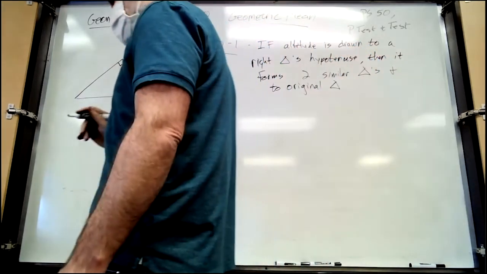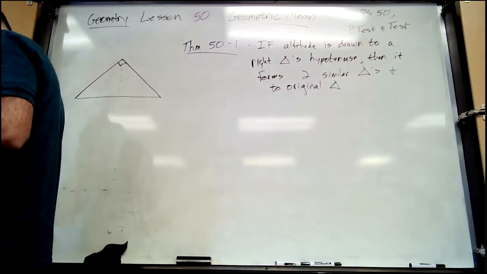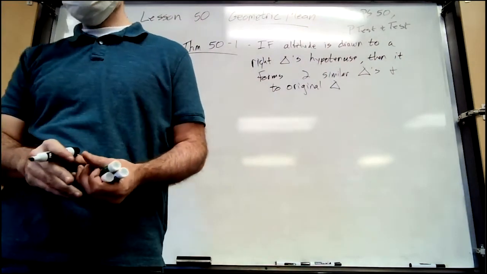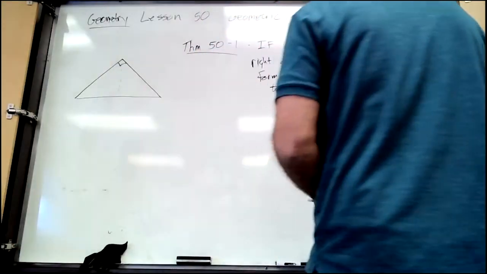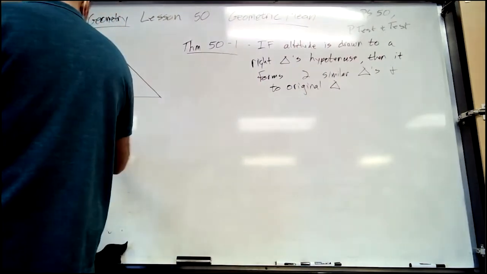So first of all, it forms two congruent triangles. Actually, no, this is just in this one, but you could draw it like this.